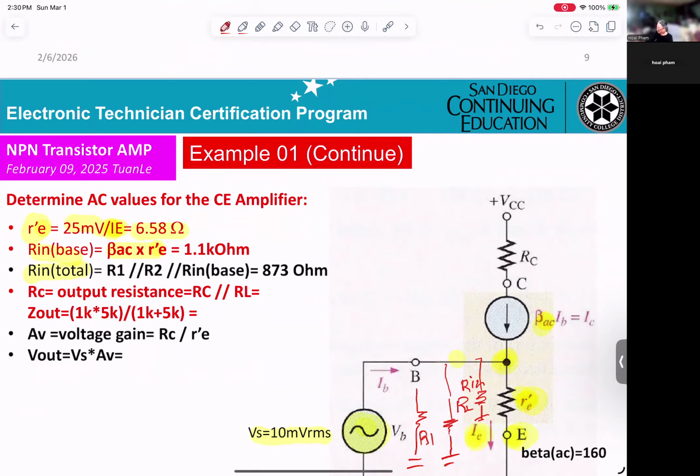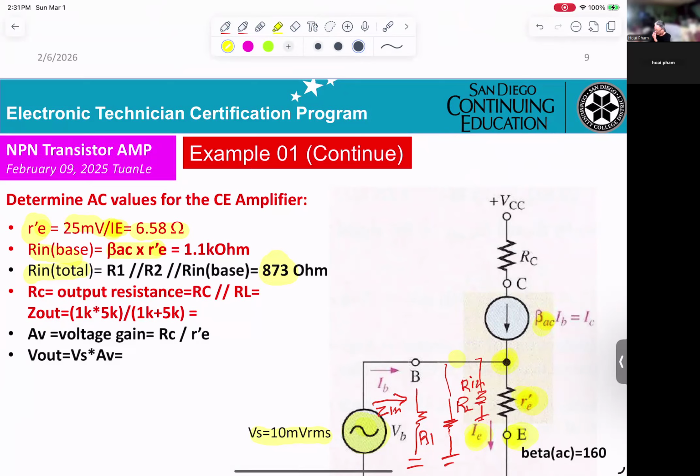So basically, if you're looking into total impedance, you get 3 resistors: R1 parallel R2, and parallel with R in base. Okay? And the calculation, this is the answer here: 873 ohm.